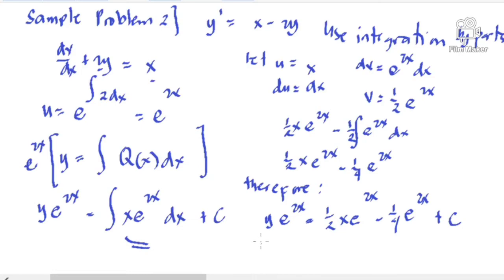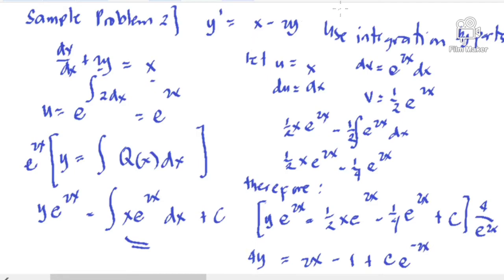Mag-divide tayo ng e to the 2x, i-multiply natin lahat dyan to get the final answer of 4y is equal to 2x minus 1 plus 4 multiplied by c is still a constant. So, we have c e to the negative 2x.